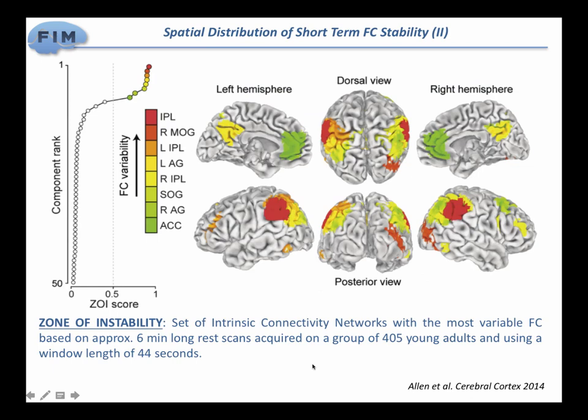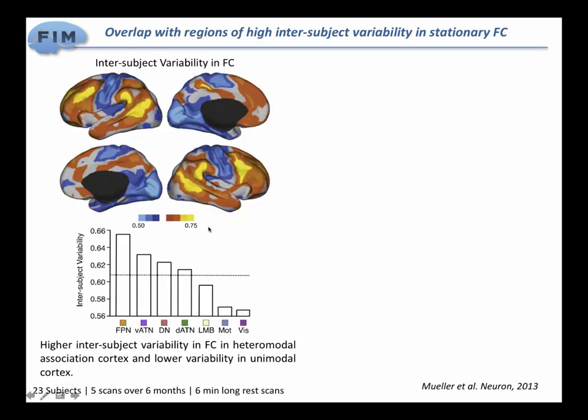Using a completely different methodological approach, the group of Elena Allen found similar results, with these areas that they call the zone of instability, which you can see are part of the default mode network: parietal regions and frontal regions being the ones that show more variability within the duration of the scan. If you compare this with previous studies looking at which connections are more variable across subjects, they seem to overlap.